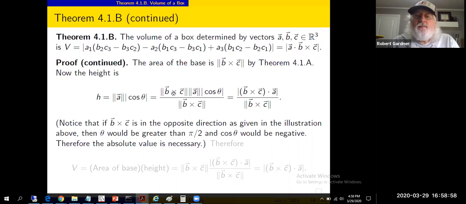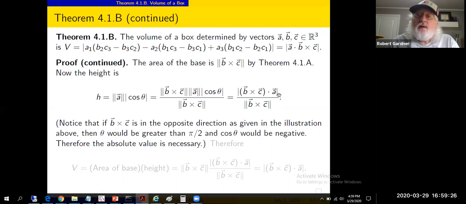So this numerator is the magnitude of one vector times the magnitude of the other times the cosine of the angle between them, absolute value of, so I'm still stuck with the absolute value over here. That would be the first vector, B cross C, dot the second vector, vector A, absolute value of. So we're still stuck with some weirdness in the bottom, but anyhow, here's the height expressed in terms of some dot products.